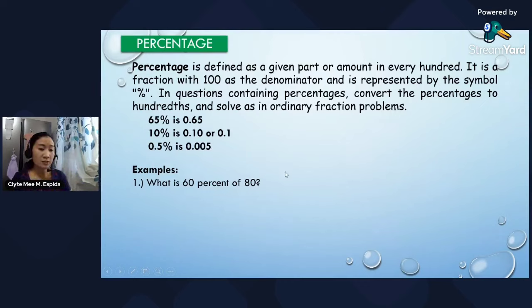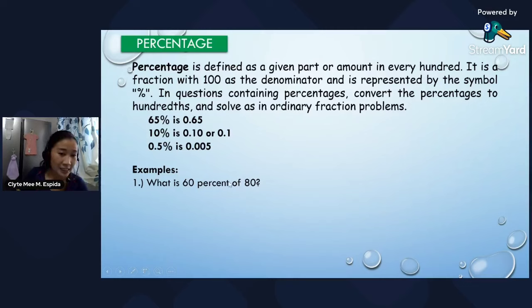So if we have the question, for example, what is 60% of 80? We will be using the keywords na meron tayo kanina. What, we may represent this with X. Is stands for equal. Then 60%, ano ang of natin kanina sa ating keywords?